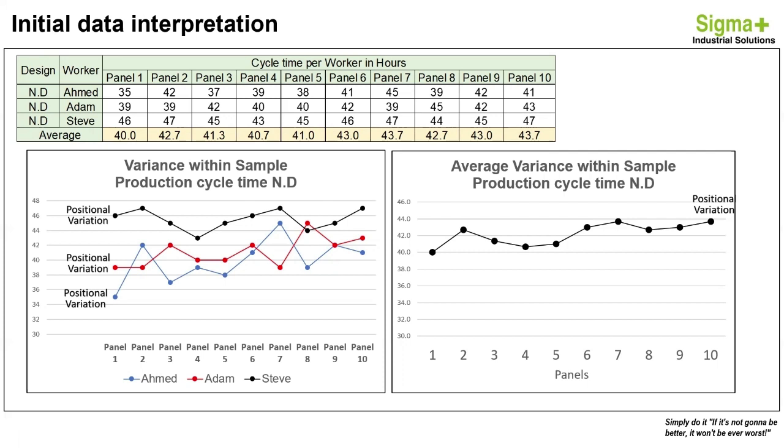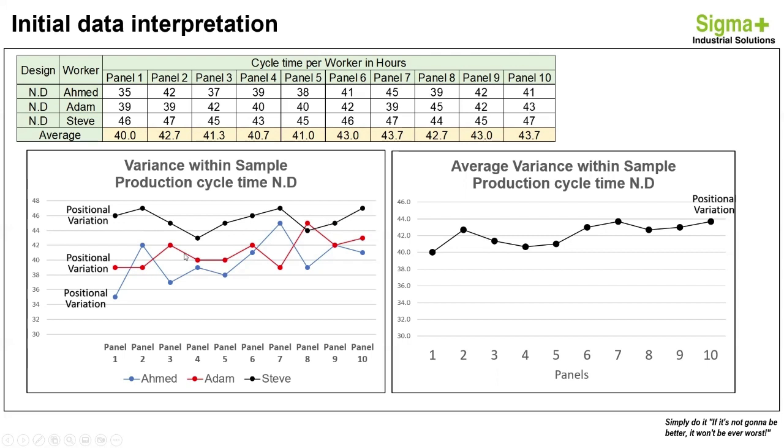But what could be the second remark here? We can see that in certain situations there is a very close performance between Adam and Ahmed, but in certain panels there has been some high variation. We can see also that Steve is slower than Adam and Ahmed. Steve has a variation in his time performance of approximately 43 hours to 47 hours.